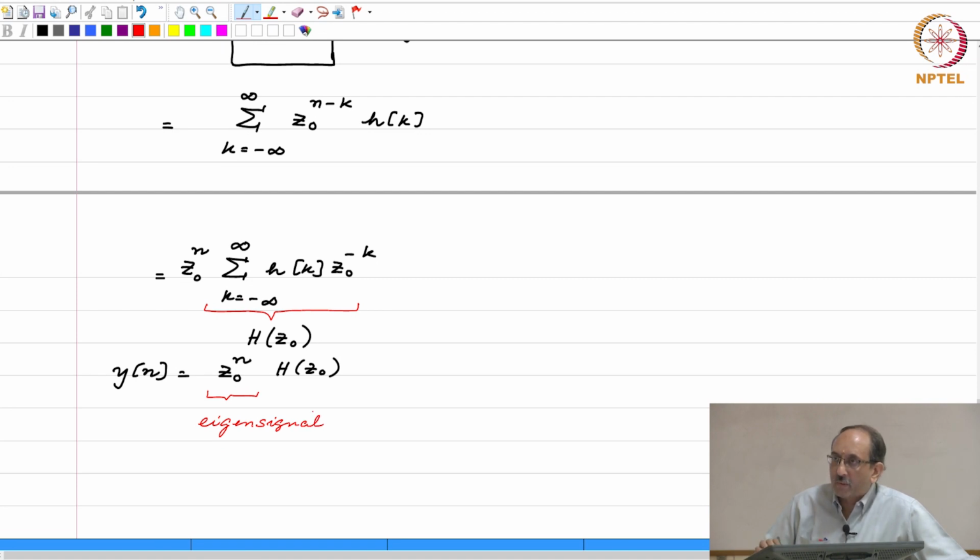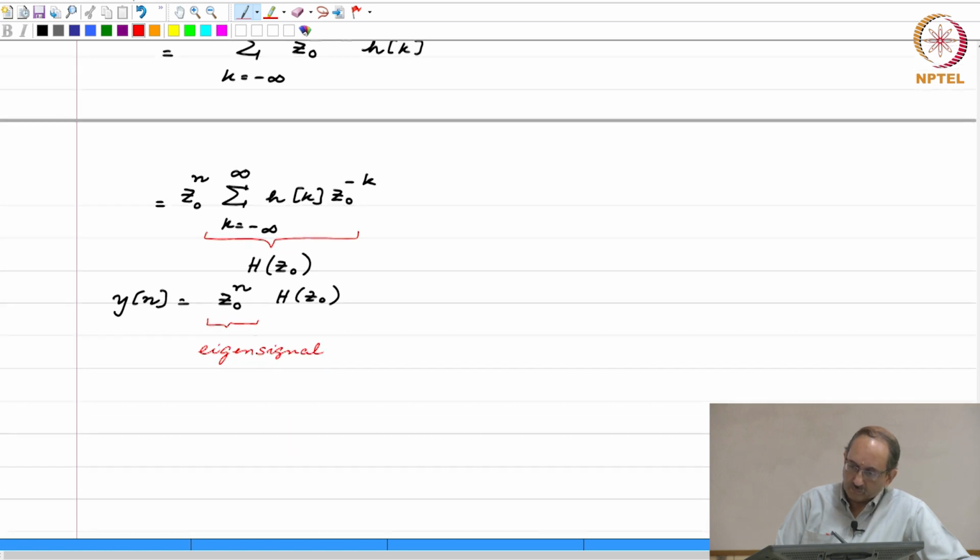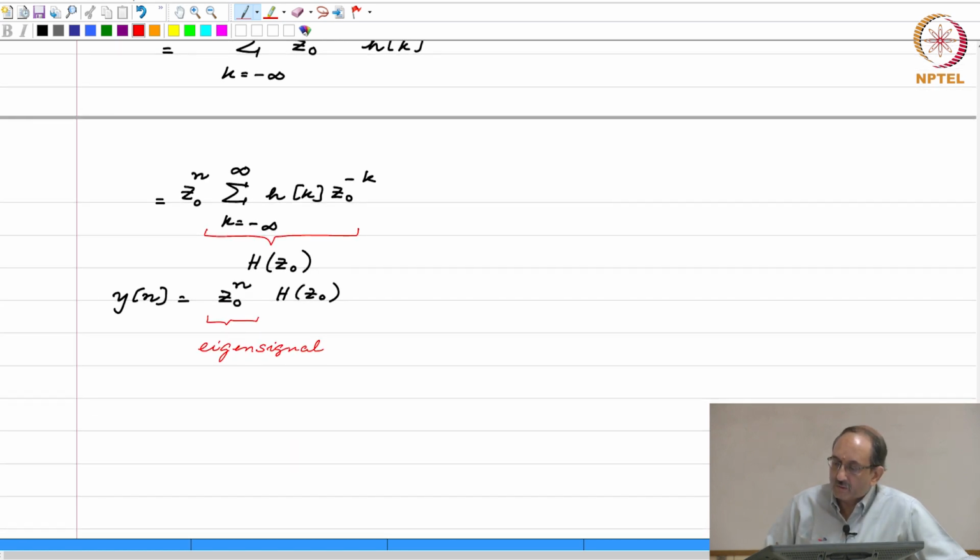So this parallels very closely another way of looking at Laplace transform in continuous time. There the eigen signal takes the form e to the st, and if you apply it to a continuous time system with impulse response h of t, you will get e to the st back, except it is multiplied by a constant, namely H of s, and that H of s is called the bilateral Laplace transform. So, this is exactly along those lines.